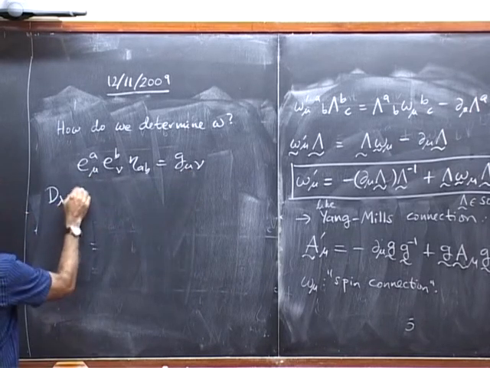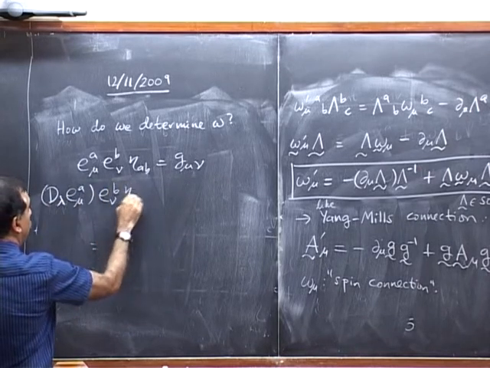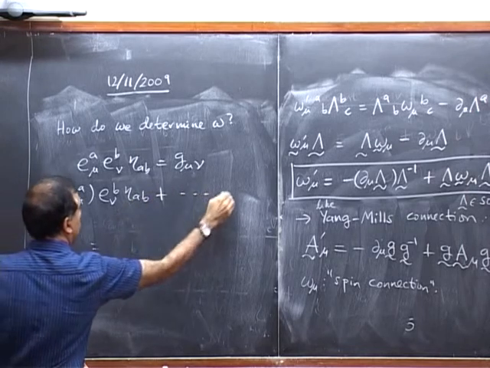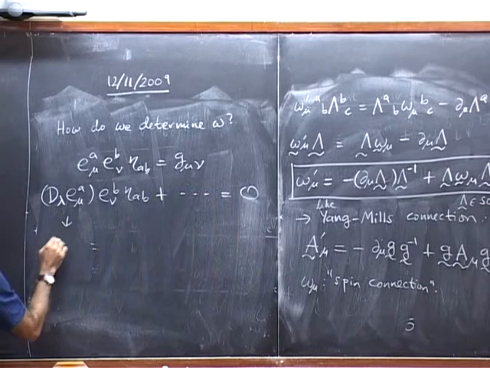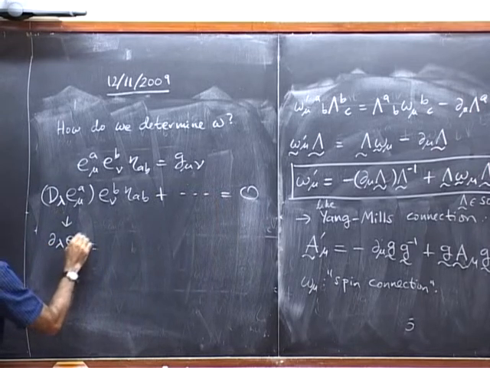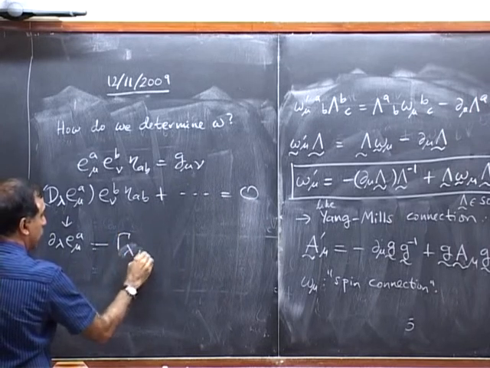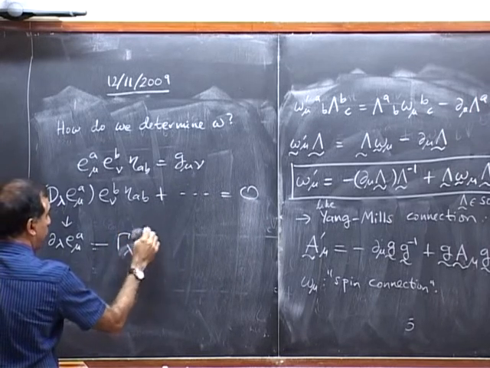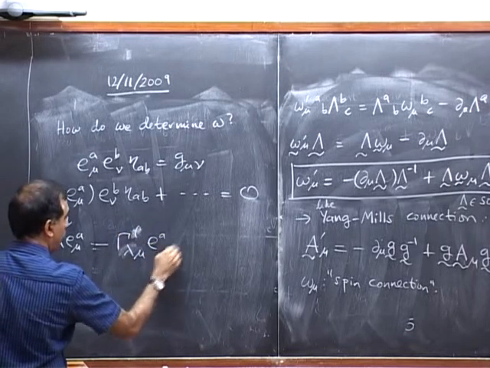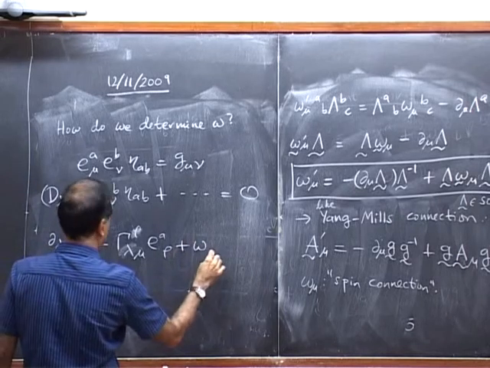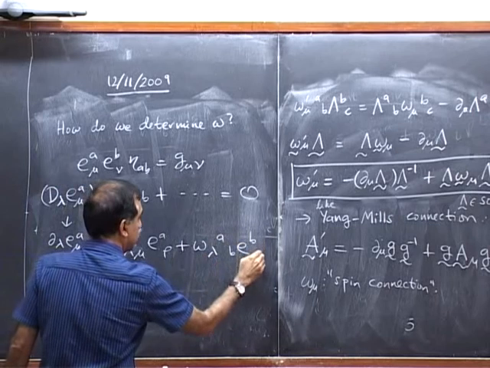But here, what is d? So we have D e^A_mu e^B_nu plus another term is equal to 0. Where the definition is, this is the ordinary d of this minus one term because it's got a general coordinate index plus one term because it has an LLT index.